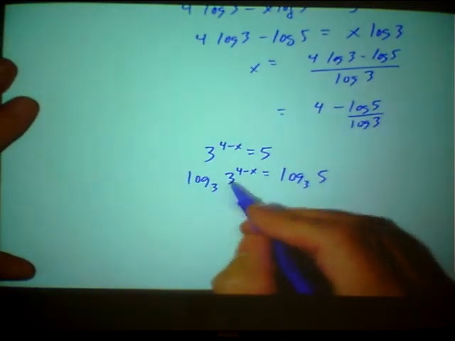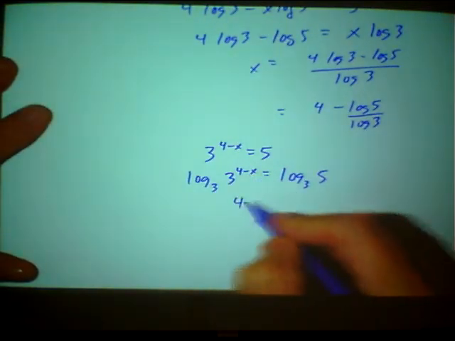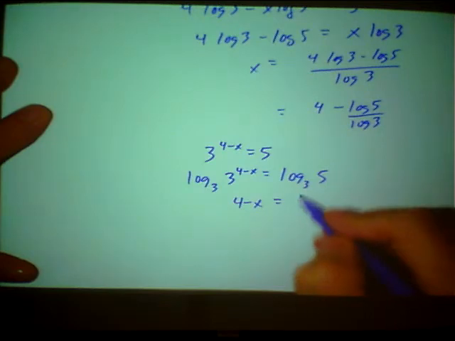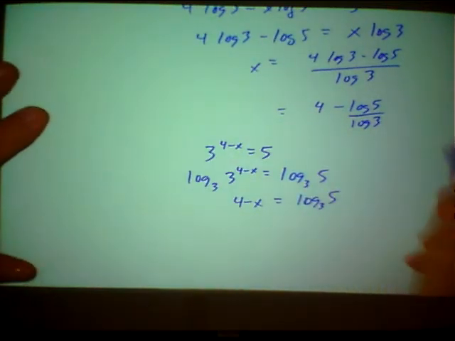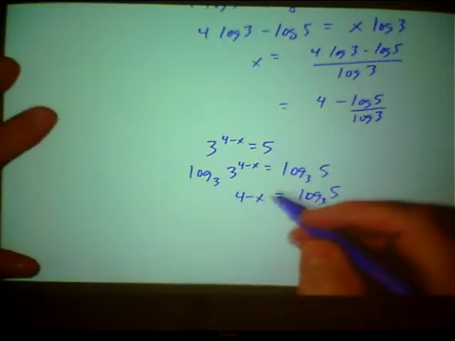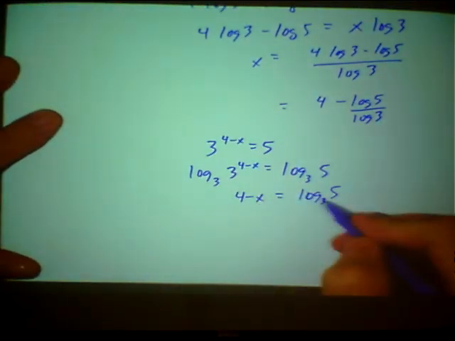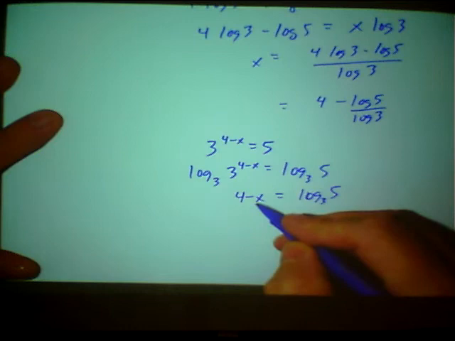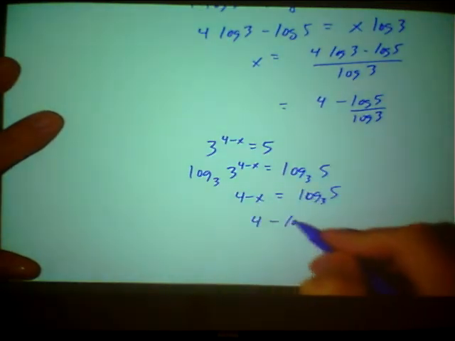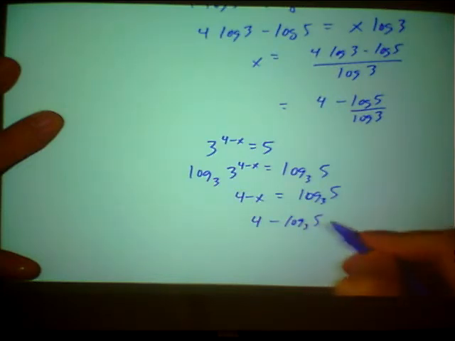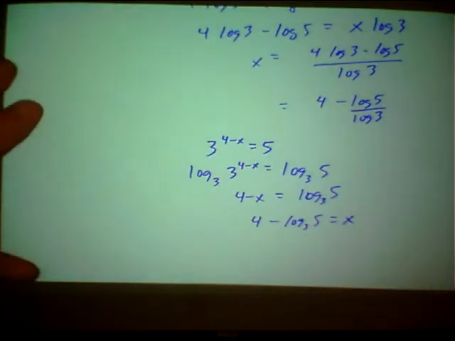Now log base 3 of 3 to the 4 minus x just equals 4 minus x. And here I have log base 3 of 5. Now if I want to solve for x, I'll just move the log to the left side, move the x to the right side. 4 minus log base 3 of 5 equals x.